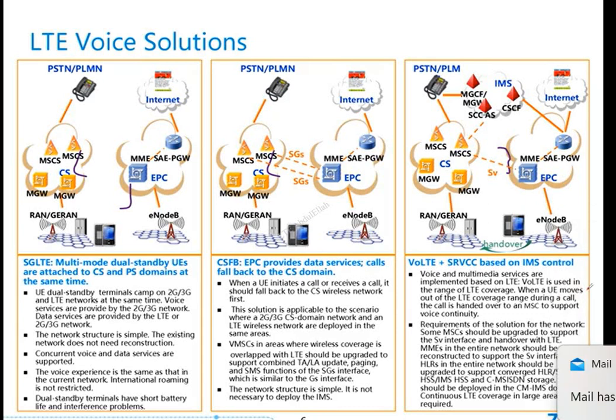The second solution is the CS fallback solution. That means our UE inserts just one SIM card, and this SIM card can support LTE and 2G and 3G, but not at the same time. So if the UE sets up a call, the voice services will be provided by the 2G and 3G network.